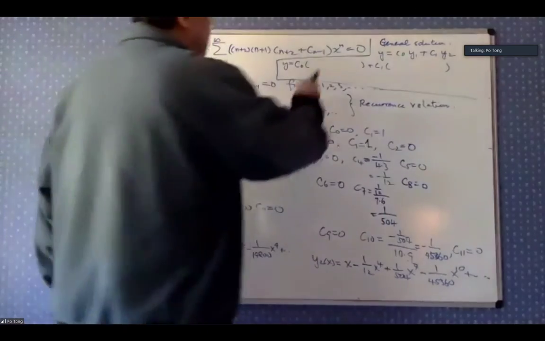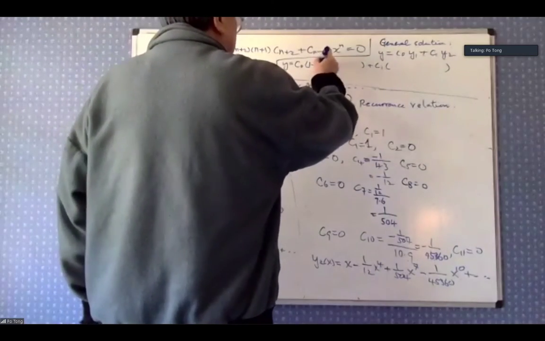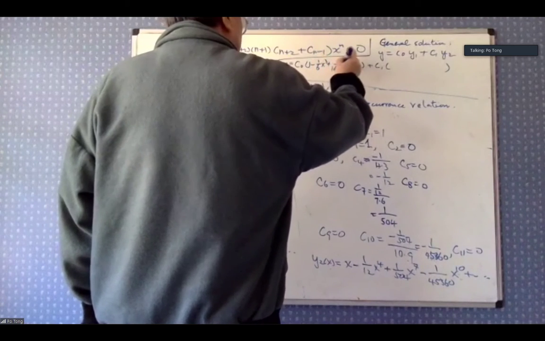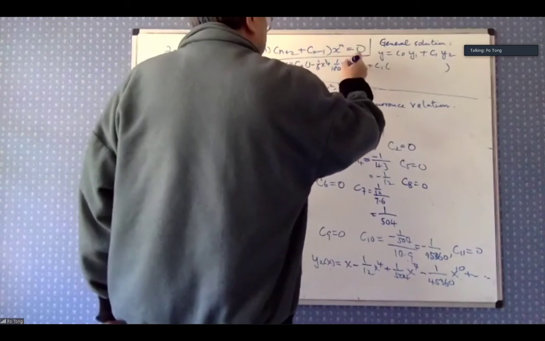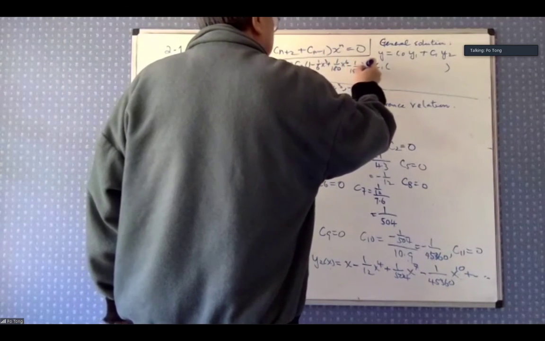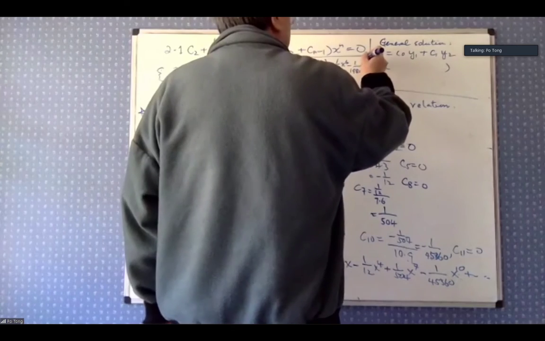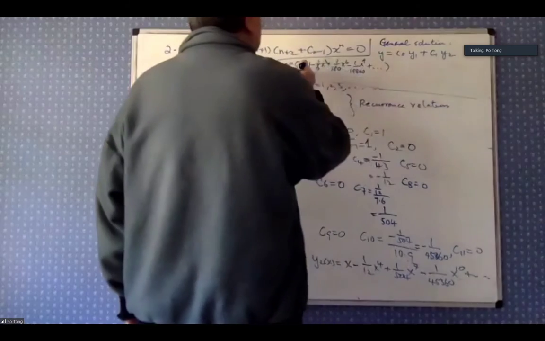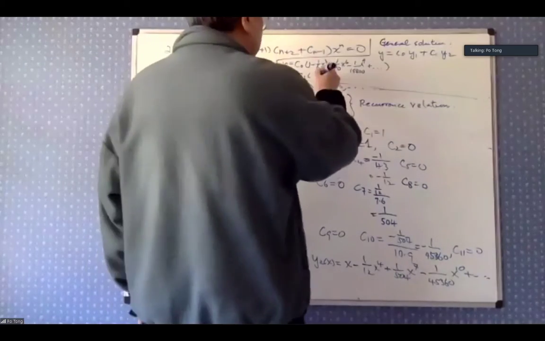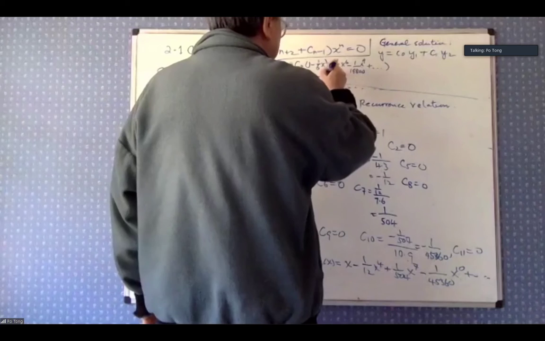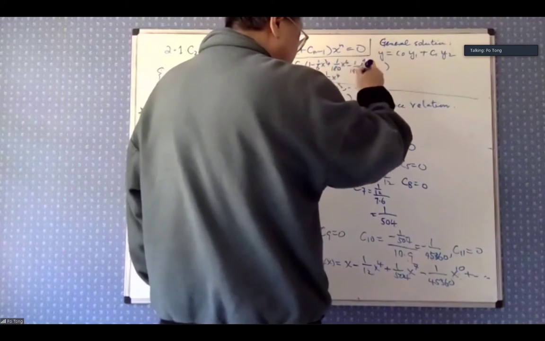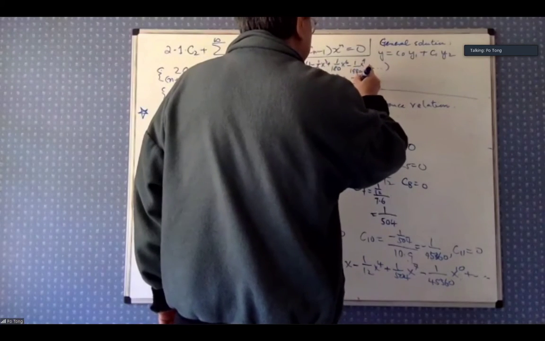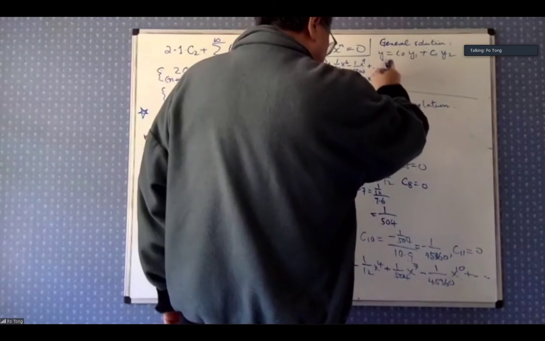Do I have to write it? Okay, I'll write it. 1 minus 1/6 x cubed plus 1/180 x to the power 6 minus 1/19800 x to the power 9 and so on, plus C1 times (x minus 1/12 x to the power 4 plus 1/504 x to the power 7).